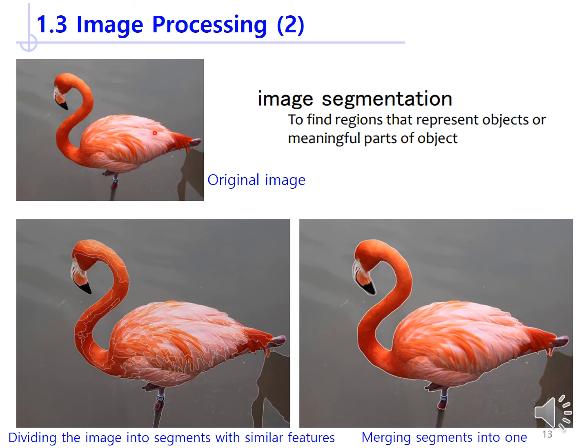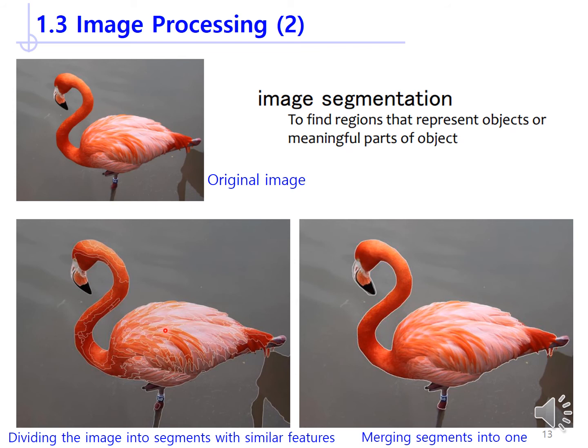So a digital image has only numbers. Based on the information in the numbers, we can segment the area into small pieces based on the similarity between neighborhoods of the area.